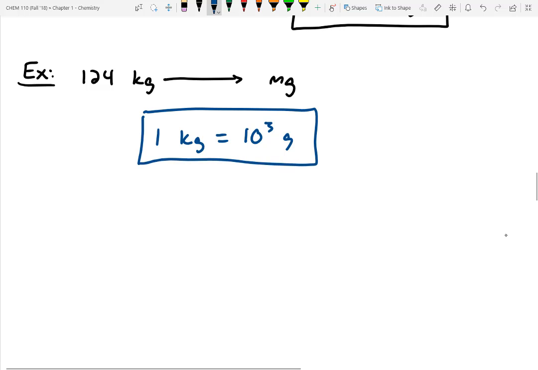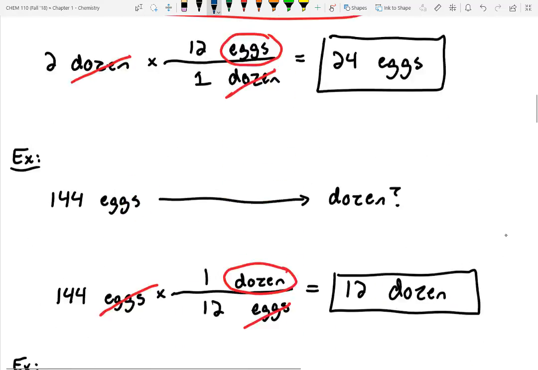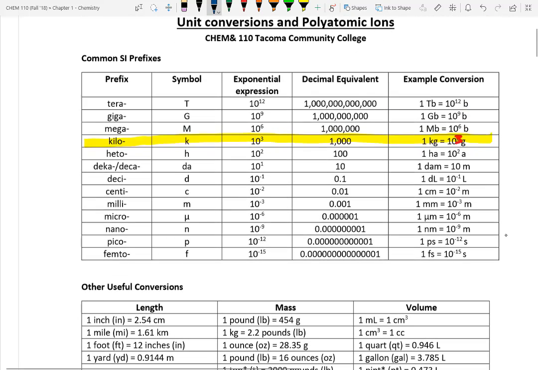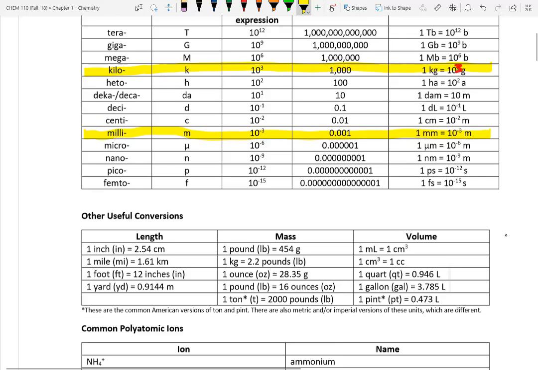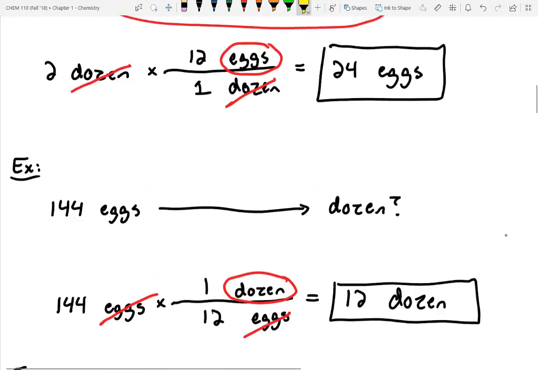However, we don't have a relationship yet between grams and milligrams, but we can go right back to that cheat sheet and try to find a relationship between grams and milligrams. So let's go back up and cheat again. We'd say, all right, milligrams, 1 milligram would be 10 to the negative 3 of something. So let's go back down.